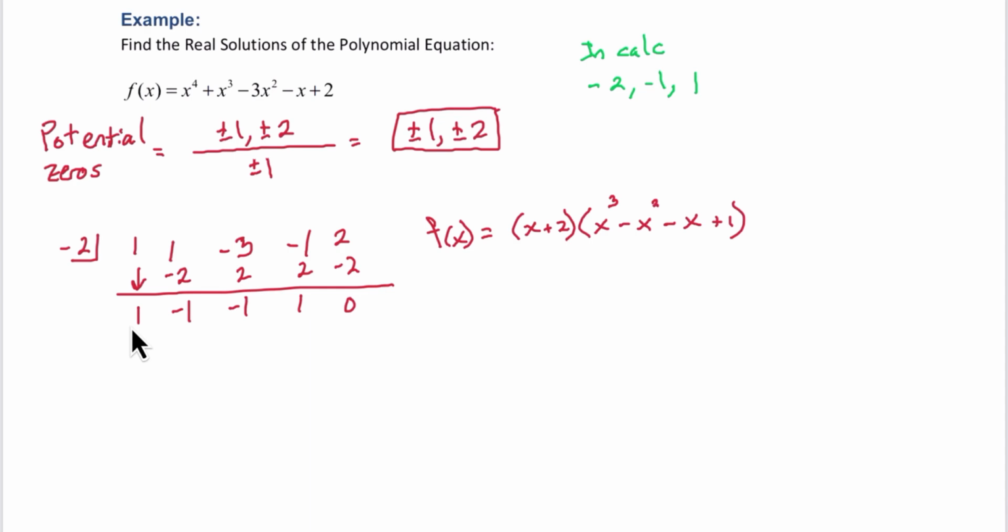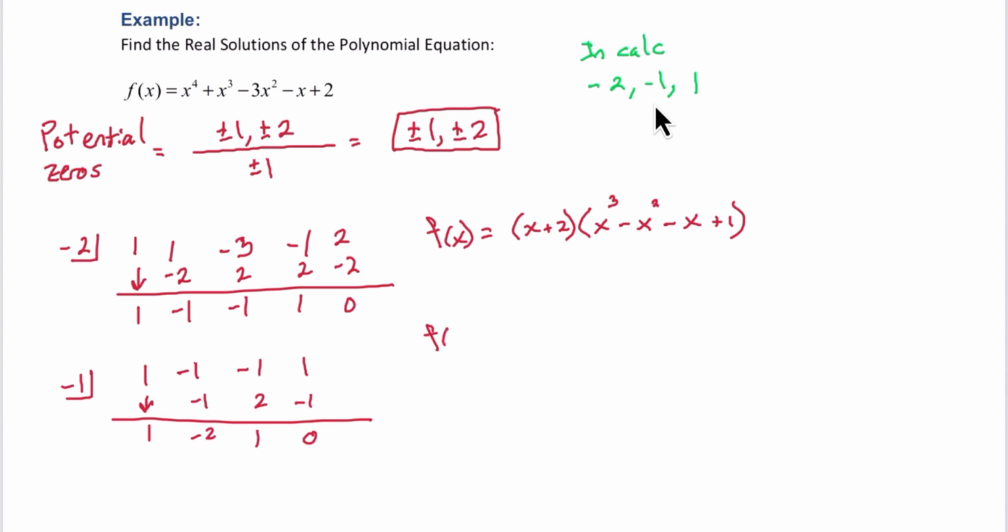Continue factoring. We'll just use the next 0 that we found in the calculator. So -1. You can drop down those coefficients from earlier. Drop down the 1, multiply, add, multiply, add, multiply, add. We get a 0 remainder.